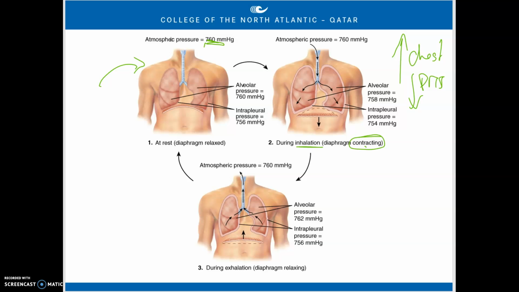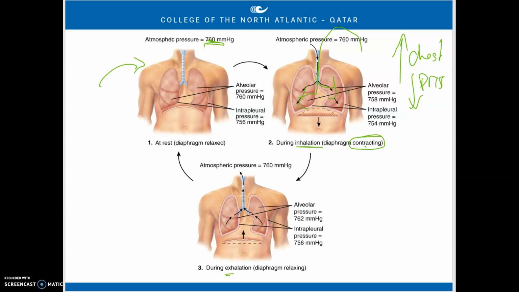So the pressure inside the chest gets lower. When we get a gradient like that, a lower pressure in one place and a higher pressure in the other, then physics is going to say that we're going to have movement of gas from a higher pressure to a lower pressure. And the result of that is the air from the environment will move into both of the lungs. So that's when we inhale.